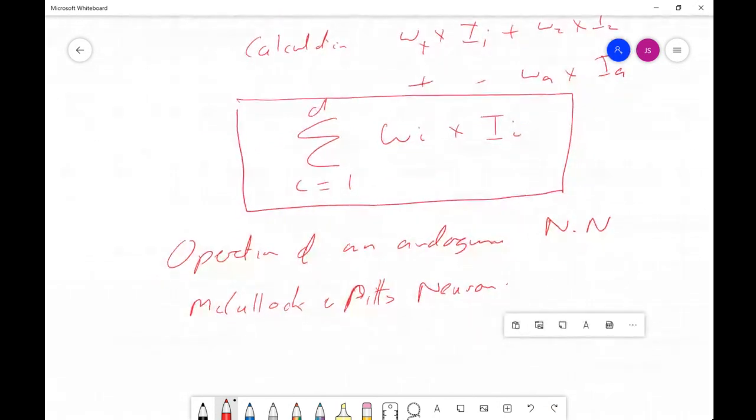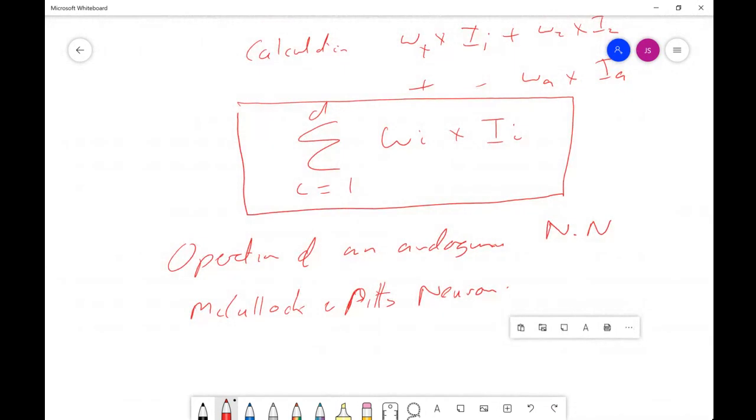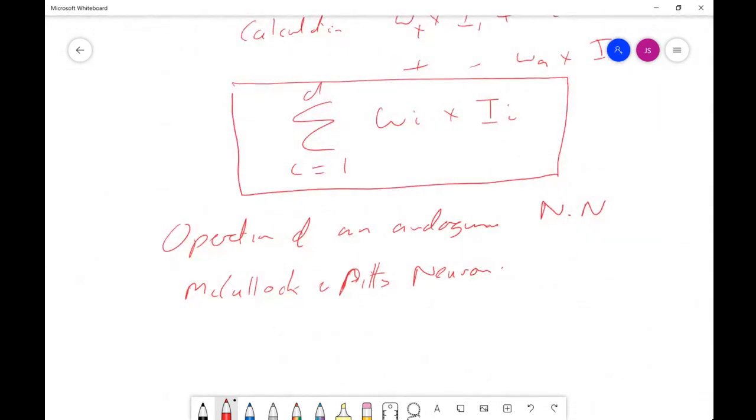So, image processing can be regarded as a neural network operation, except in image processing, we know the weights.